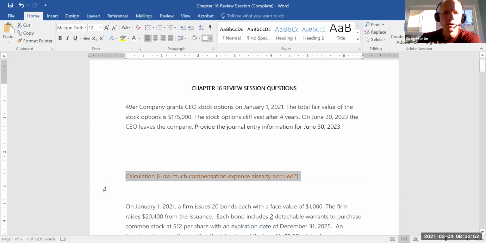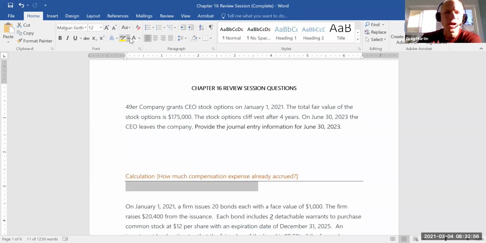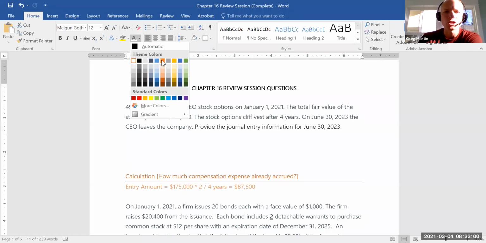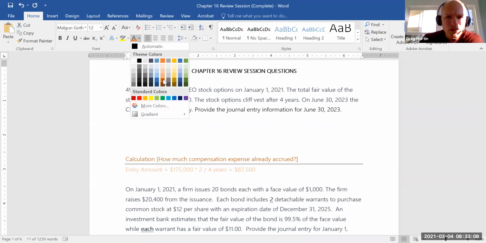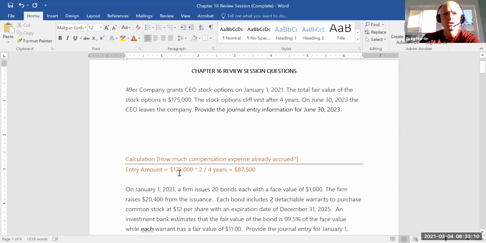Given that the last adjustment happened at the end of December 2022, we have to think about what those journal entry amounts would have been. The total compensation expense was 175,000. It's a 4-year vesting period.